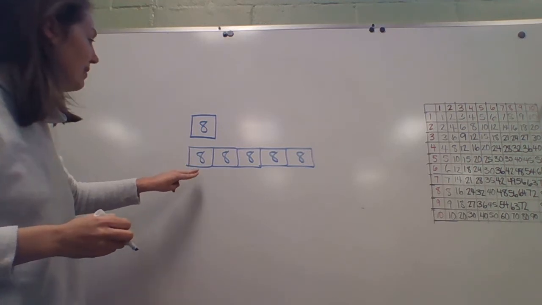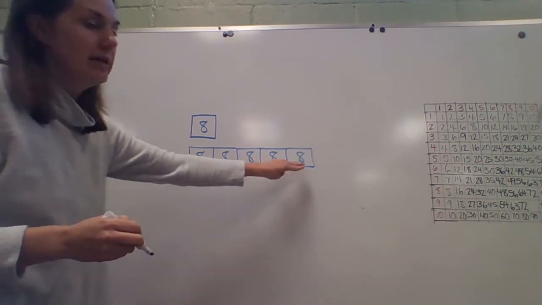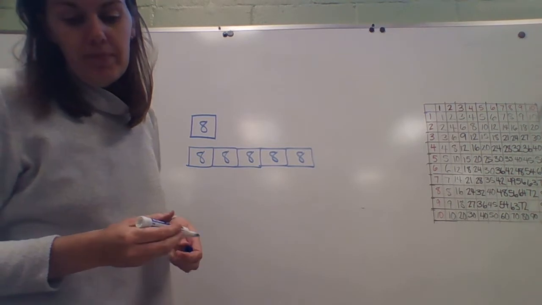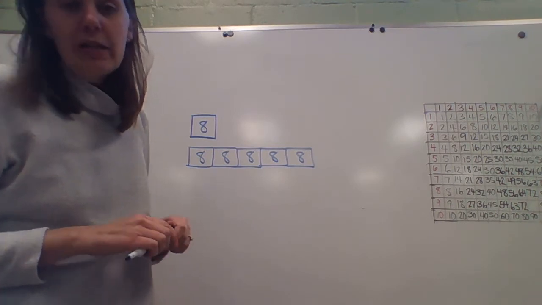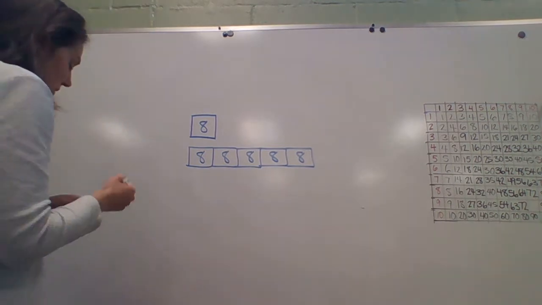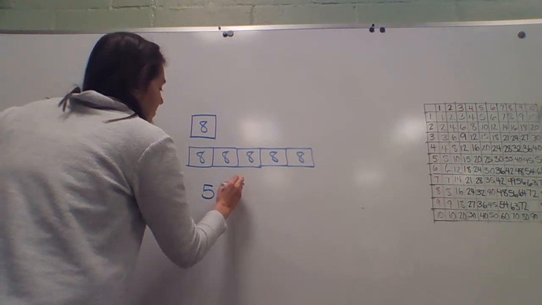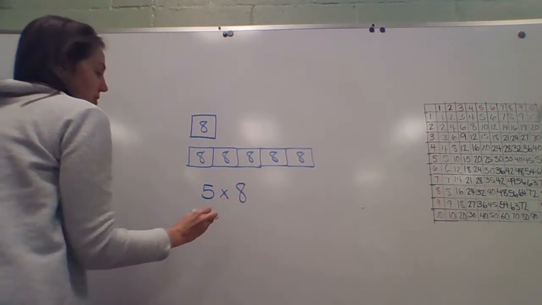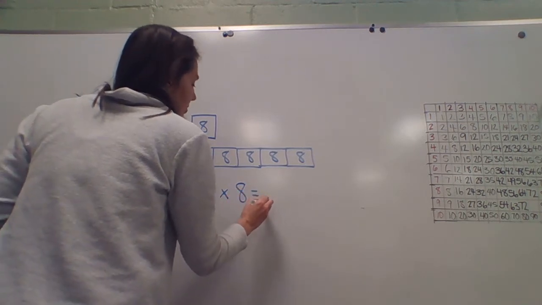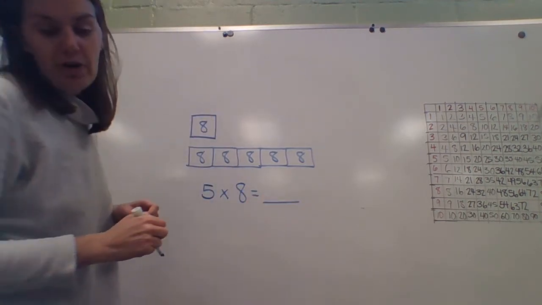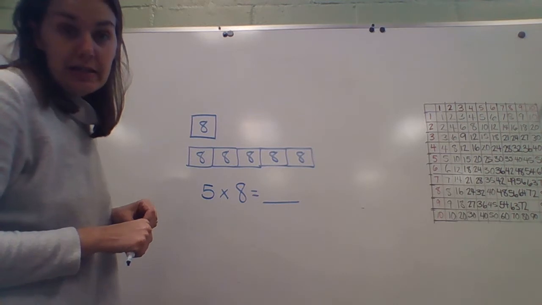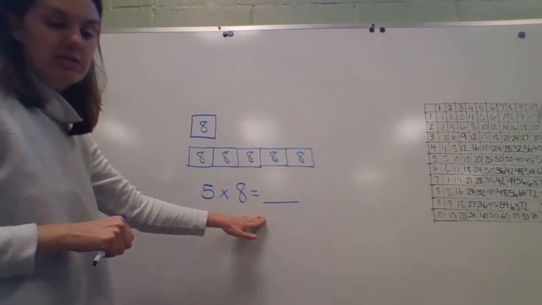So 5 times 8: 8, 8, 8, 8, and 8. You can also show that as an equation. We would have our 5 bags of 8 oranges equals the total number of oranges that is needed, which is what we're trying to solve for.